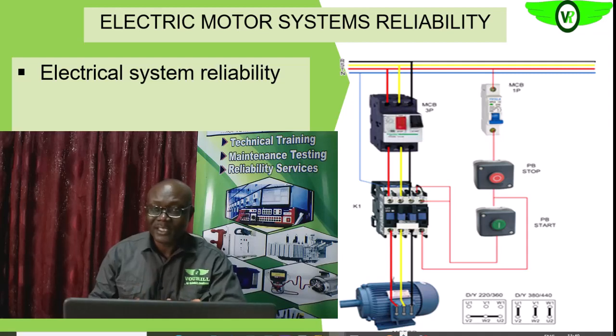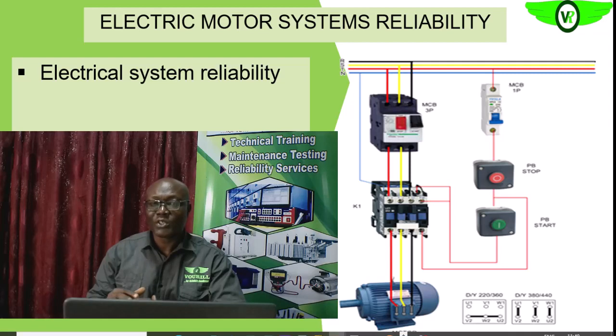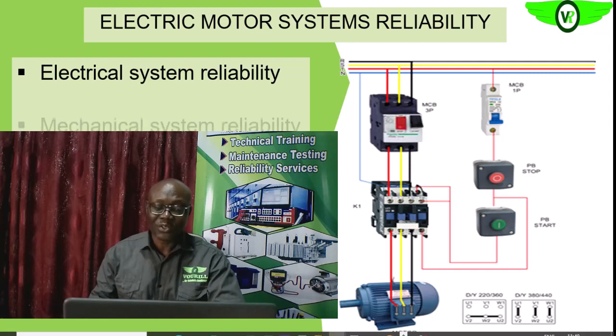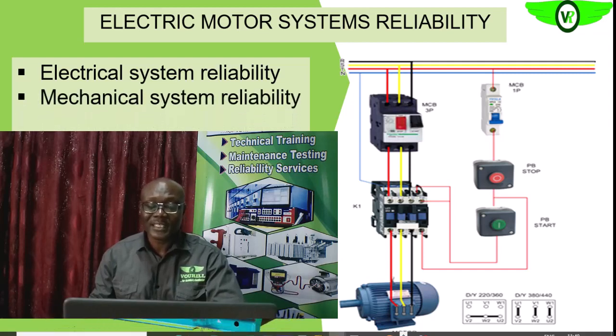Remember, we considered the load, that the reliability of the load will also affect the reliability of the electric motor system, as we discussed earlier. Now, for us to ensure the reliability of the system, we ensure the reliability of the electrical parts of the system. That is the reliability of the electrical system and also the mechanical system.